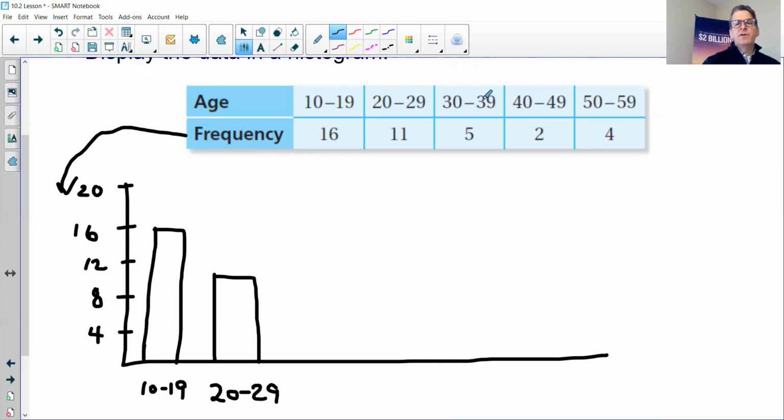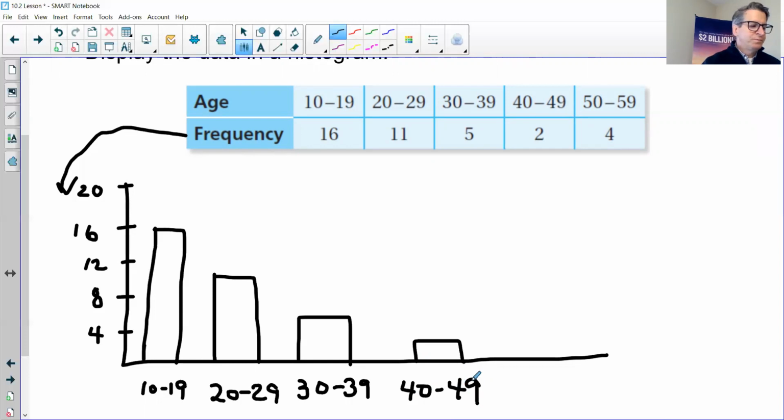Then the 30 to 39 age group, there's 5 of us. I'm not 30 to 39, I wish I was again. We're going to put a bar there, just past 4, and across and down. 40 to 49, there's only 2, so we're only going to go up a little ways and over and down.